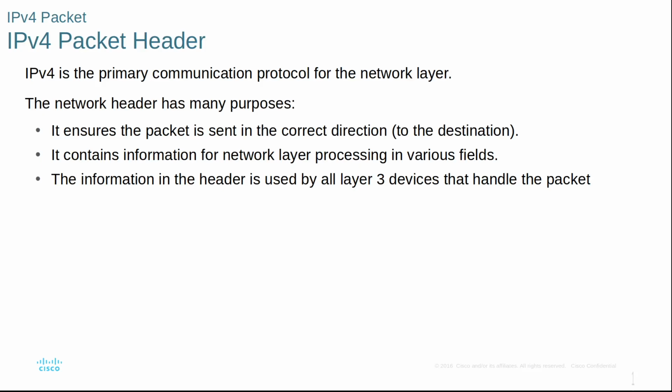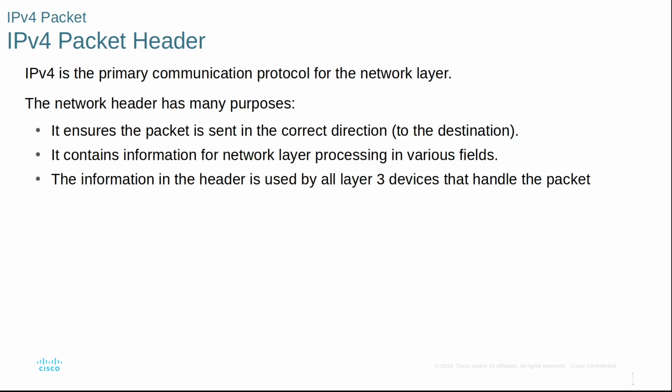IPv4 is the primary communication protocol for the network layer. Despite the fact that we're out of IPv4 addresses, it's still very commonly used in industry. And the header for IP has many purposes. It ensures that the packet's sent to the correct destination and in the correct direction.